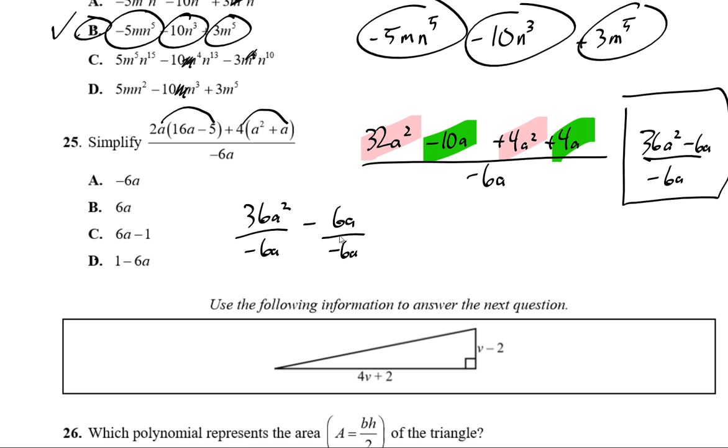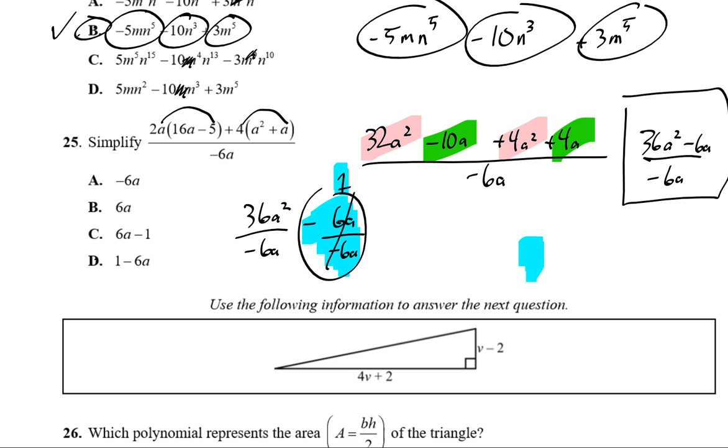Negative 6a over negative 6a, same thing divided by itself, that's a 1, right? So this whole bit that I'm highlighting here in blue, same thing divided by itself, is worth just 1.